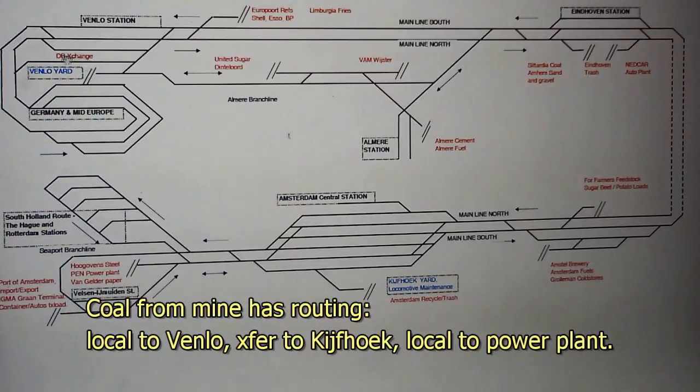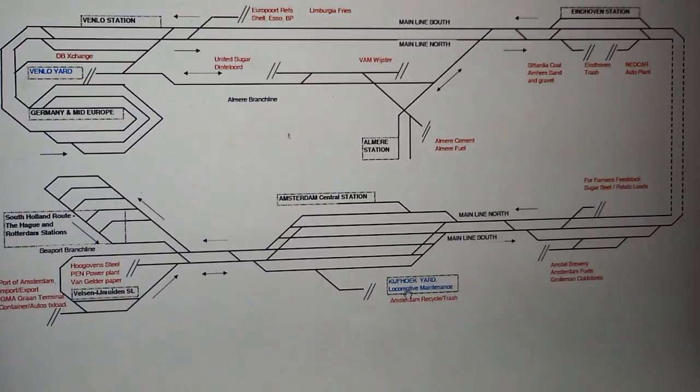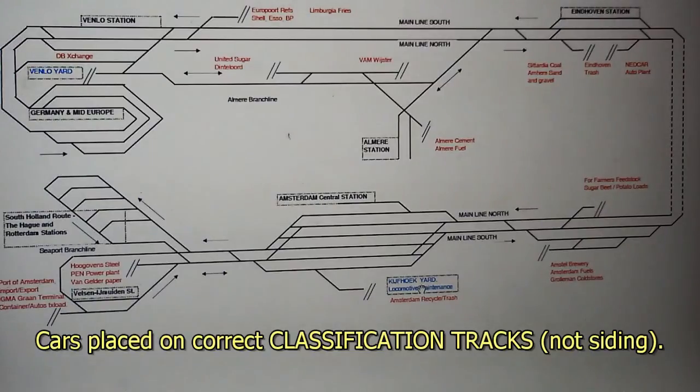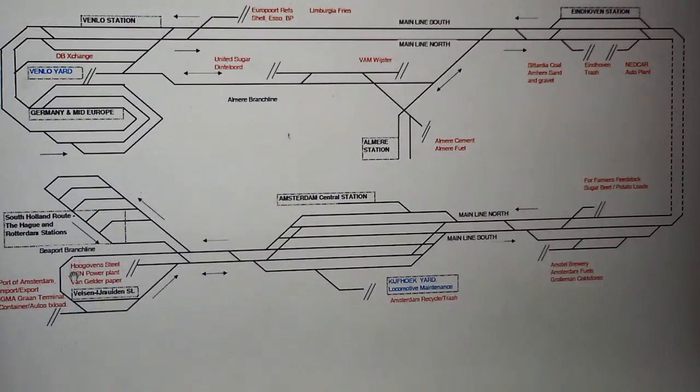The yard transfer train with a whole bunch of cars then makes a trip from Venlo yard across the layout on the main line, eventually getting into Kaifuk yard, where it is then again broken up and the cars placed on the correct sidings so that the locals, in this particular case, can take the loaded coal car through the branch line here to the Penn power plant here, delivering the coal.